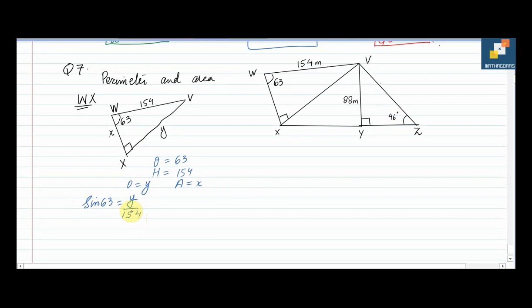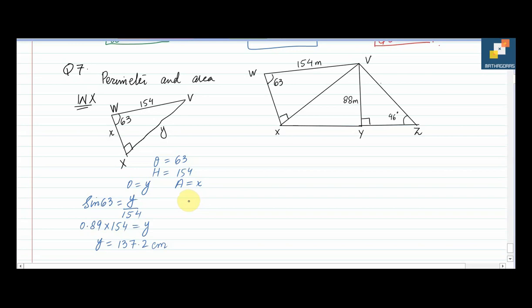The value of sine 63 is 0.89. So when you multiply 0.89 with 154 is equal to 137.2. So the value of y is 137.2 centimeter. For x, we need to deal with adjacent and hypotenuse.